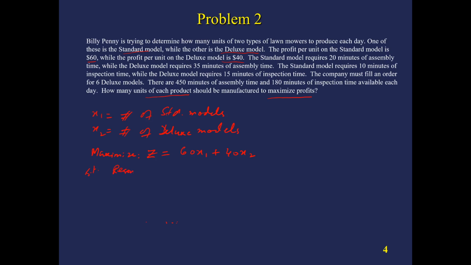We say resources, and our x1 is standard model and x2 is the deluxe model, and these are the resources: assembly and inspection. 20 minutes are used for assembly for the standard model, and 35 minutes are used for assembly for the deluxe model, and the right hand side or the total available is 450 minutes.